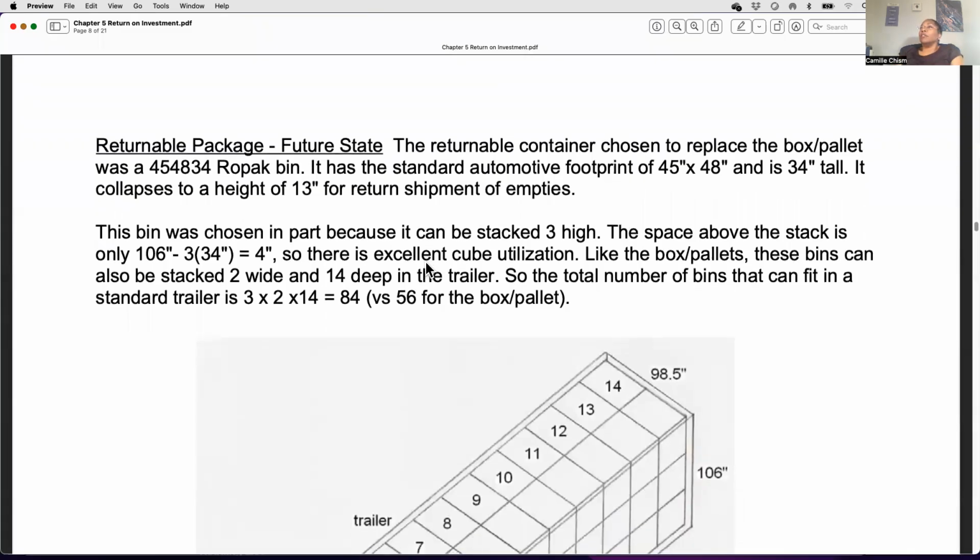Okay, so for the returnable pack, now you're ready to start looking at doing your returnable pack. And how are you going to justify that? Which one are you going to use? So you go through that whole selection process where you have your criteria that we went through before. So you're going to do all that to figure out what container you want to use.